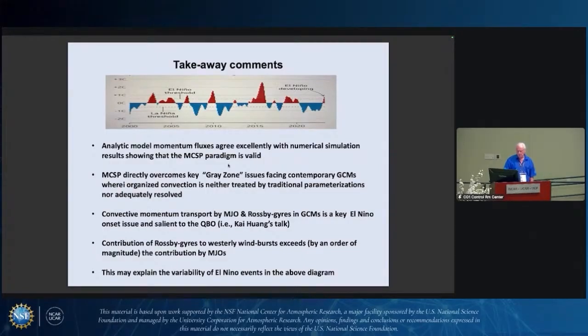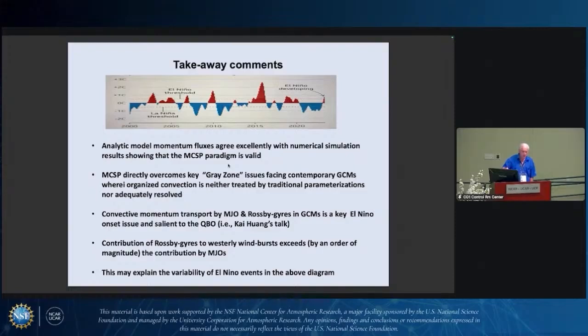And the Rossby gyres, in fact, the contribution by the Rossby gyre-like circulations exceeds that due to the MJOs themselves. In fact, this may actually explain partly why the El Nino situation is very different, has very different distributions of heating, and some of them are stronger than others.